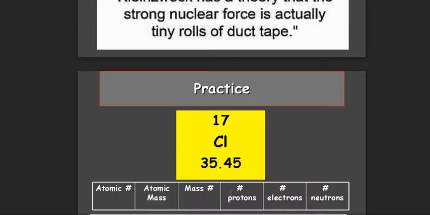So if you know that there are 17 protons and the mass number is 35, and this is what's in the nucleus, how many neutrons do you have in there? You take 35, you subtract 17, and so you would end up with 18 neutrons.